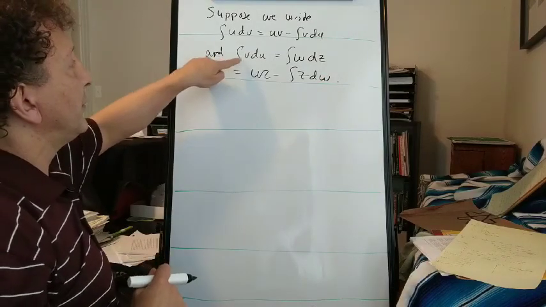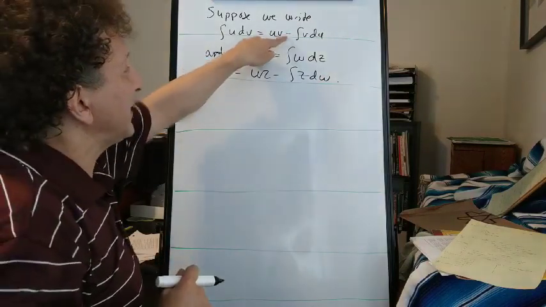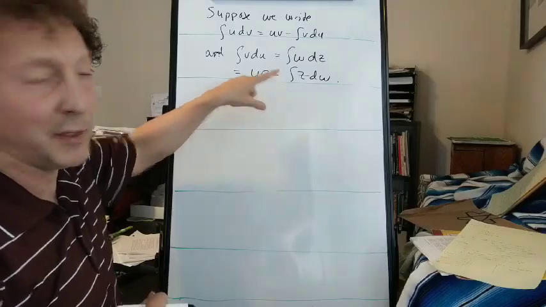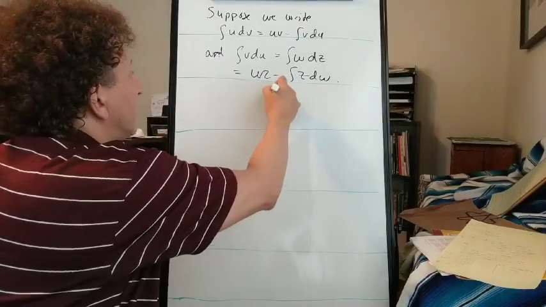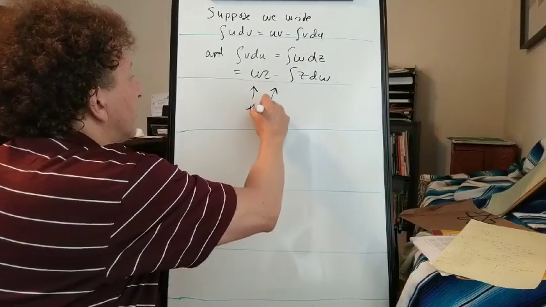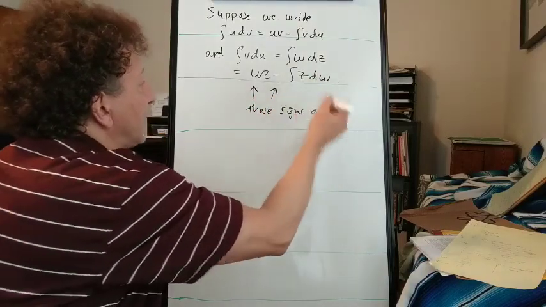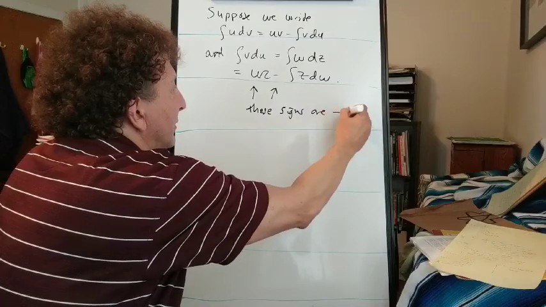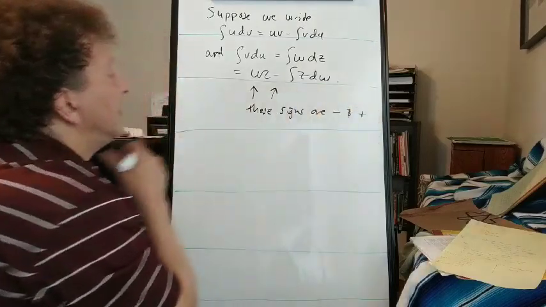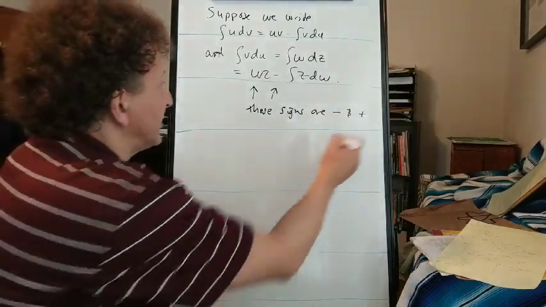Well, since the integral of v du came up with a minus sign here, then this second minus sign really becomes a plus. These signs are really minus and plus, so we have to be careful about the sign change.